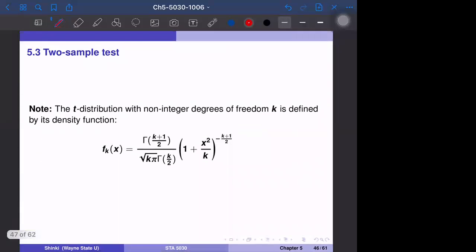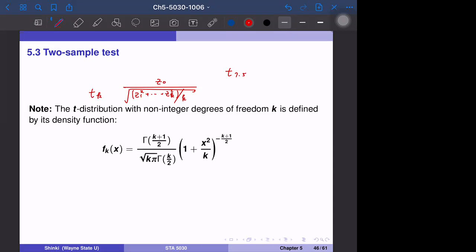Here, you may wonder what the t distribution with df 7.5 is. Originally, the t distribution with k degrees of freedom is defined as the distribution of z naught divided by the square root of the summation of z1 square to zk square, divided by k. This can be defined only for positive integer k, so k equal to 7.5 does not make any sense.